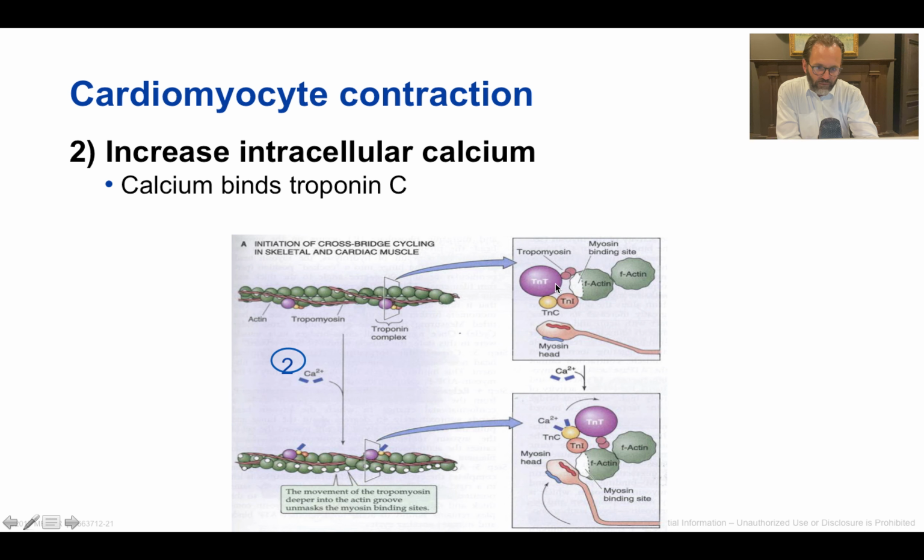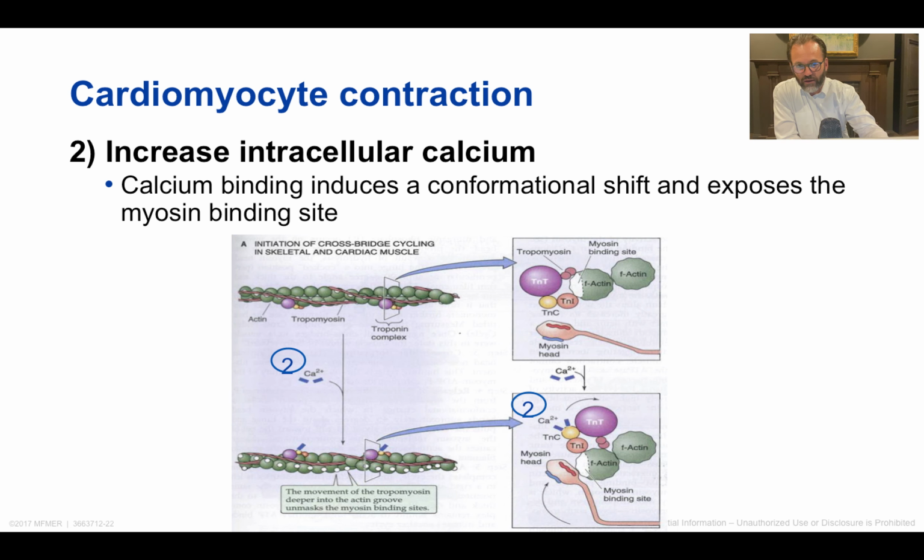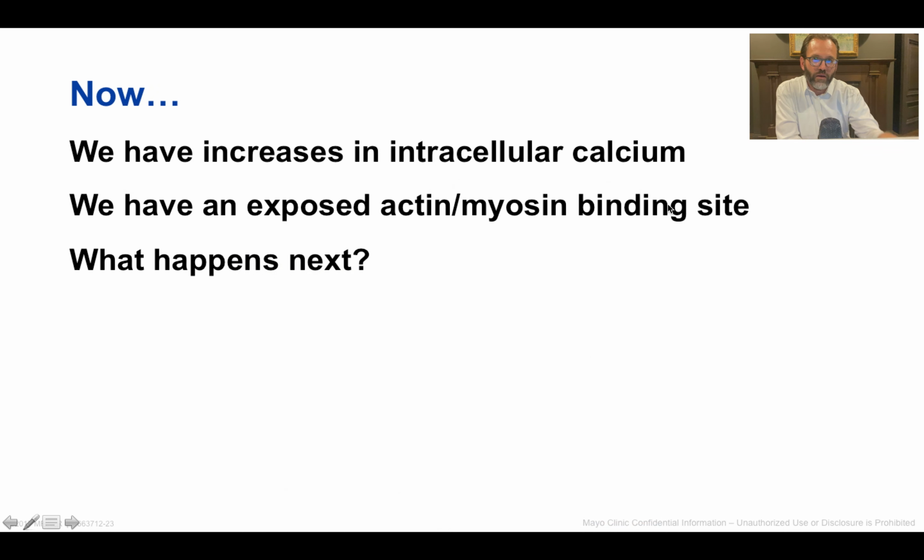Troponin T is largely a structural protein that enables this interaction with tropomyosin. So, increased intracellular calcium binding to troponin C elicits this conformational shift and exposes the myosin binding site.